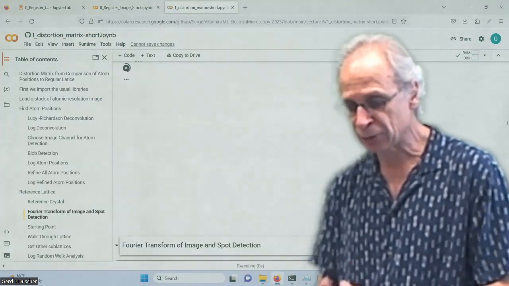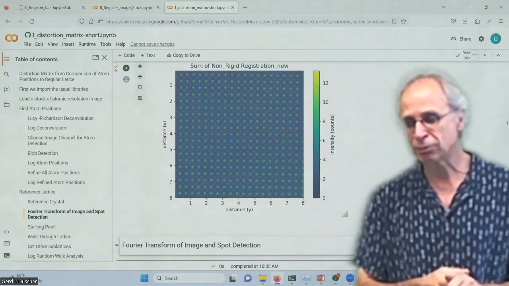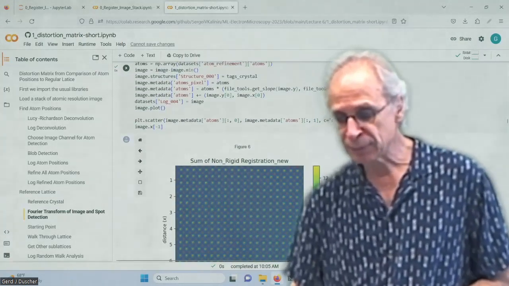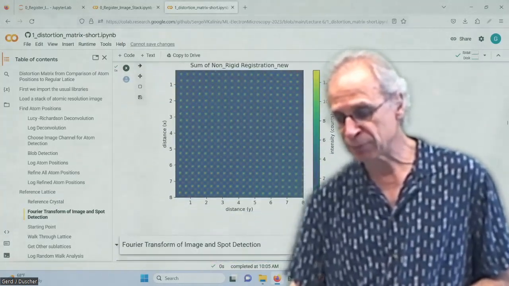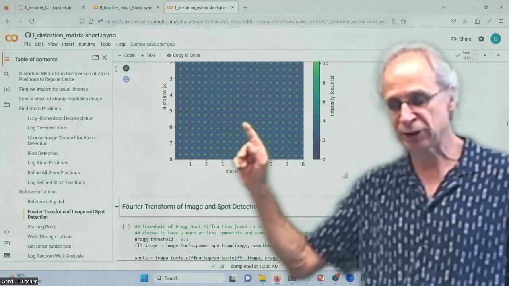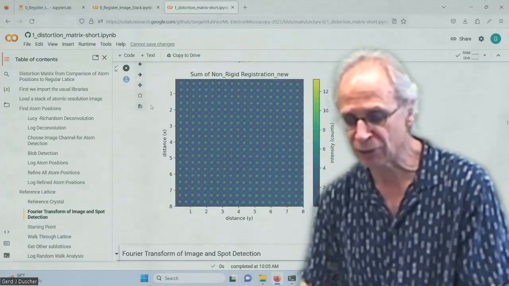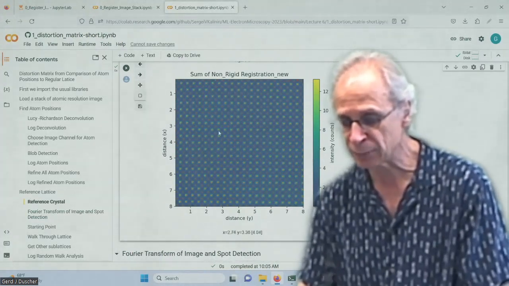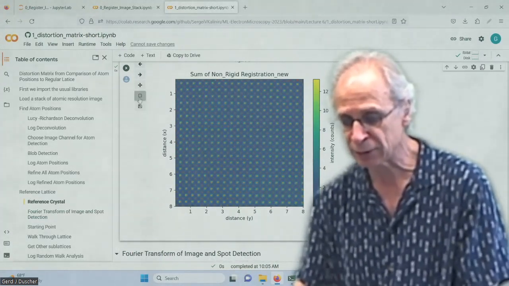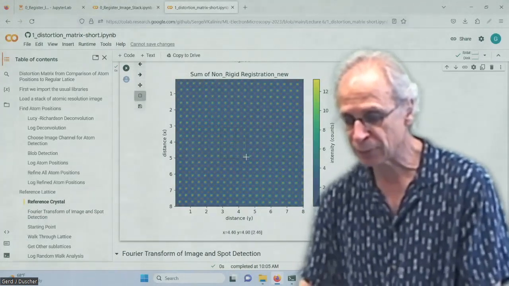I want to do that on the Fourier transformation, the original one, and I put my atoms on top, so those are the refined atoms now. We don't see that very well. Let's zoom in a little bit. Maybe the zoom does work now on my screen.